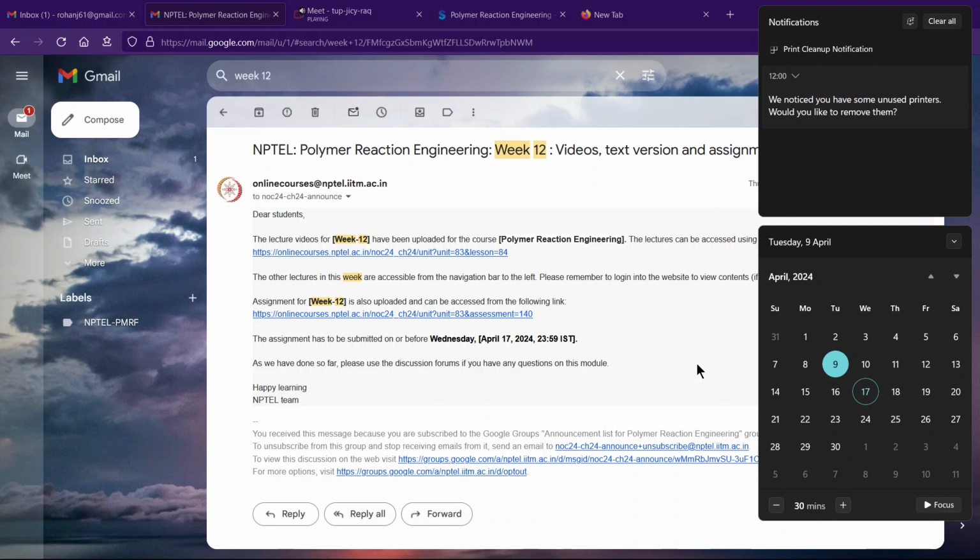Yes, now I can see. Ionic polymerization 1, 2, 3, 4, 5. There are 5 parts and all related to ionic polymerization. So it has come to you, right? Yeah, now I can see.